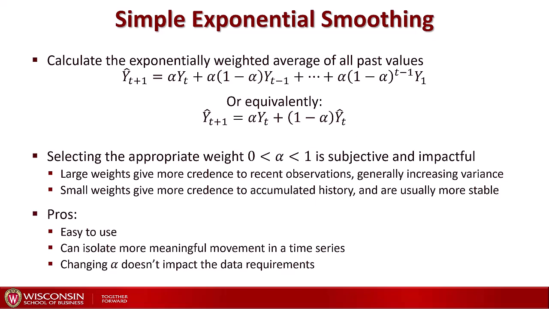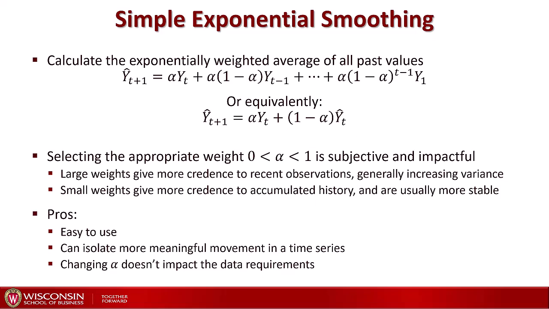And the predicted current value, yt hat, depends on yt minus 1. And that's why it's equivalent. So if you plugged back yt hat, if you replaced it by alpha times yt minus 1 plus 1 minus alpha times yt hat minus 2, and continue like that, you will get the formula at the top.